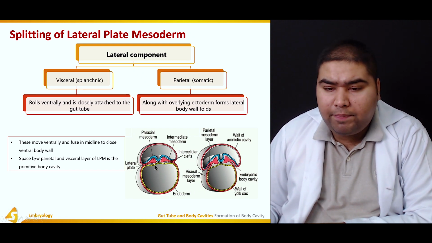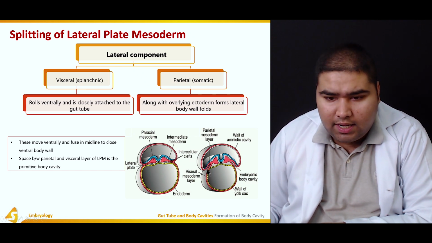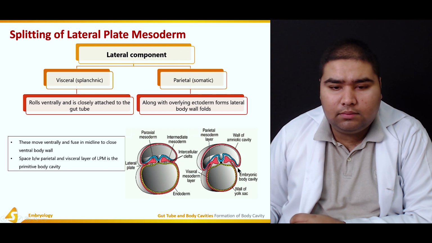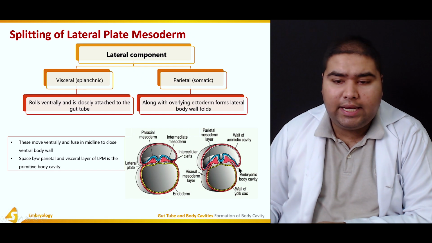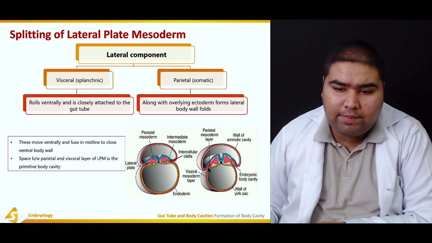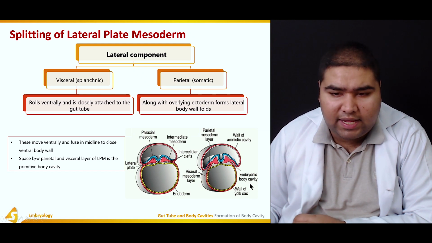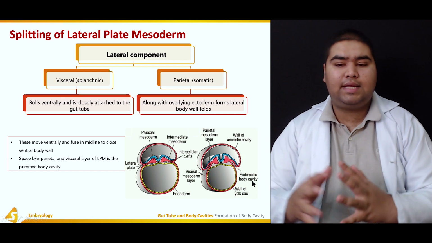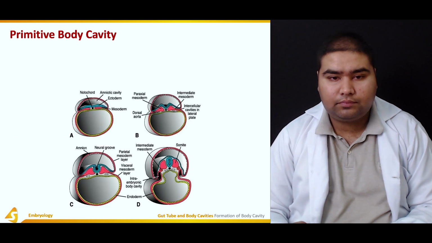The space between the parietal and the visceral layer of the lateral plate mesoderm is the primitive body cavity. Now you can clearly see in the figure, this is the parietal layer of the lateral plate mesoderm. This is the visceral layer of the lateral plate mesoderm. In between there is a space which is labeled as embryonic body cavity. So this is how the splitting of the lateral plate mesoderm occurs.